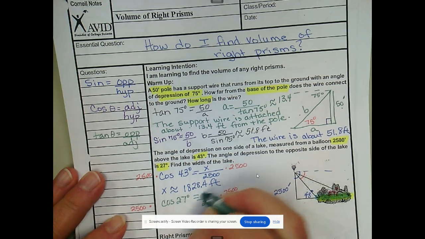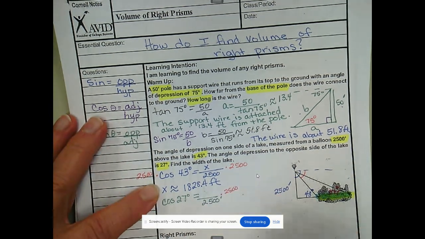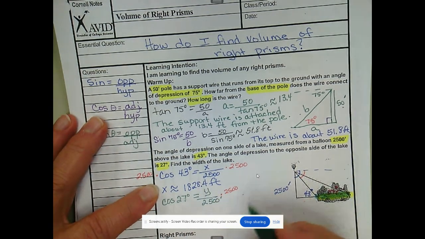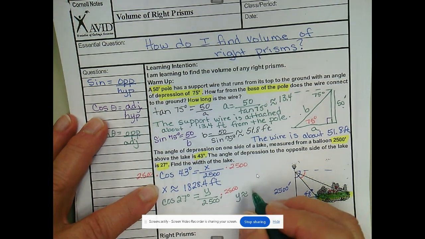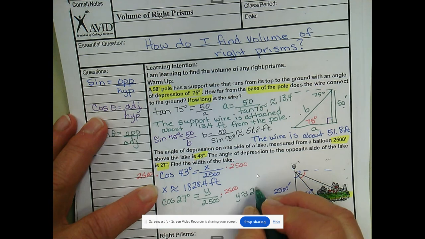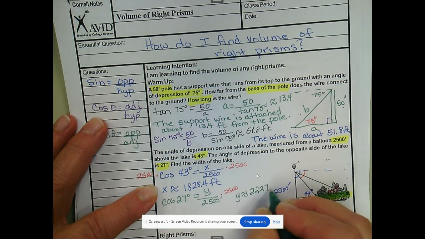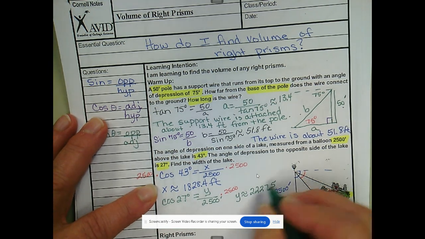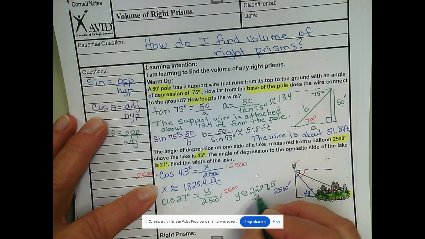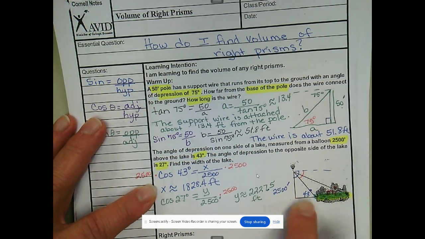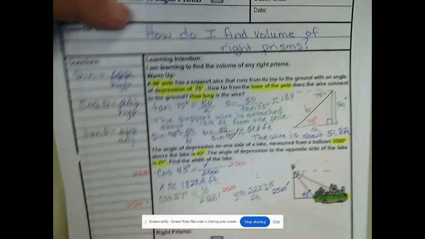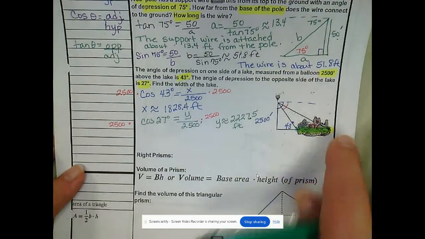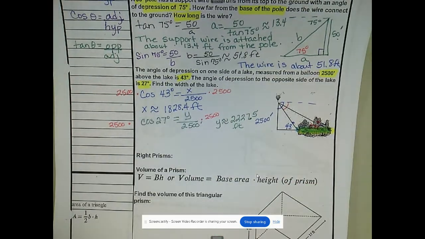I think I need to change this. If this one's X, we need to call this one Y. Okay, now I know the whole thing. I know this piece. I now have to subtract to find the distance across that lake.